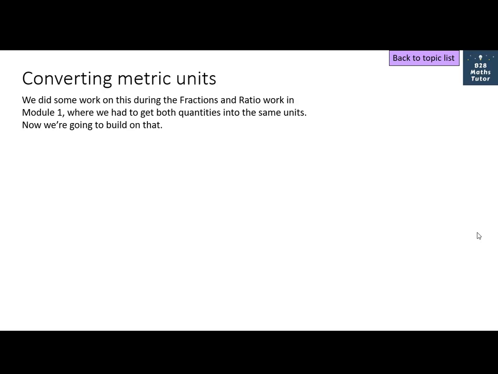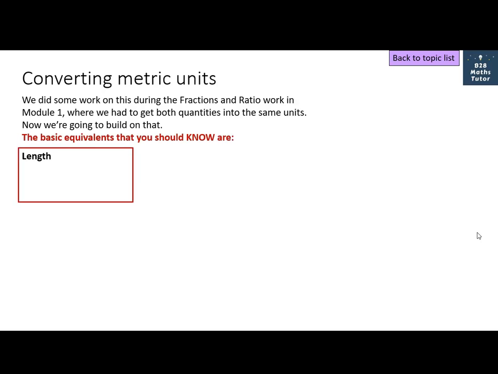So these are the basic equivalents that you are expected to know. First of all, for length, you should know that 1 centimetre is 10 millimetres, that 1 metre is 100 centimetres or 1,000 millimetres. Of course, centi means a hundredth. A cent is a hundredth of a dollar or a euro.